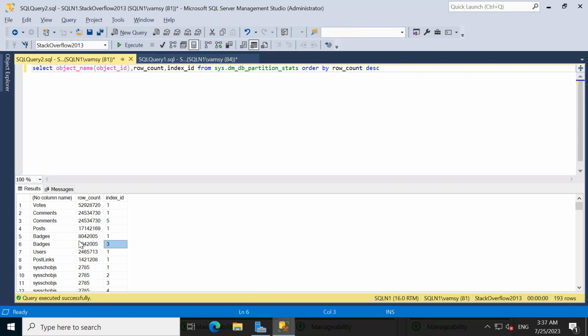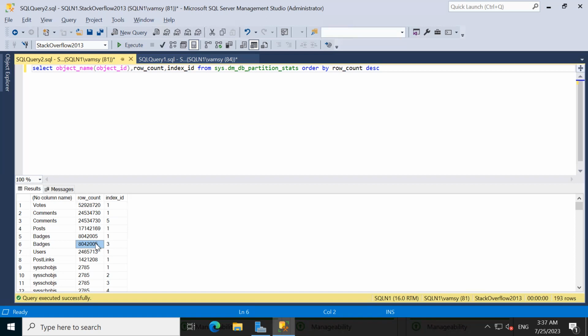So do you think the non-clustered index will have the same rows as the main table, or will it have different rows? I'm asking about row count. Same count only. Obviously, the number of records inside the table, the same number will be inside my non-clustered index also, but only related to that column.